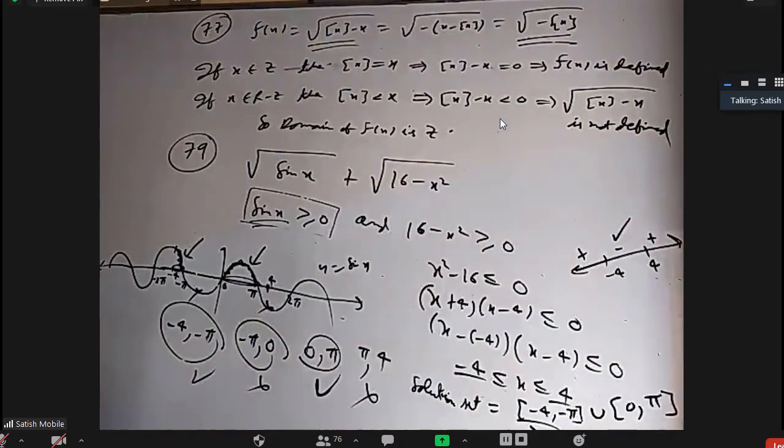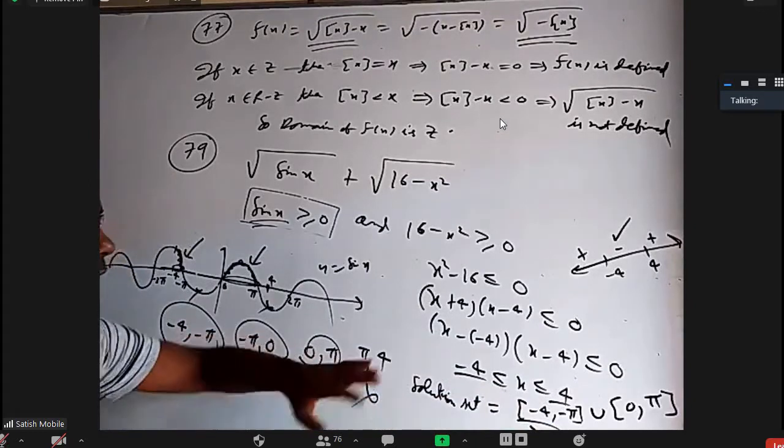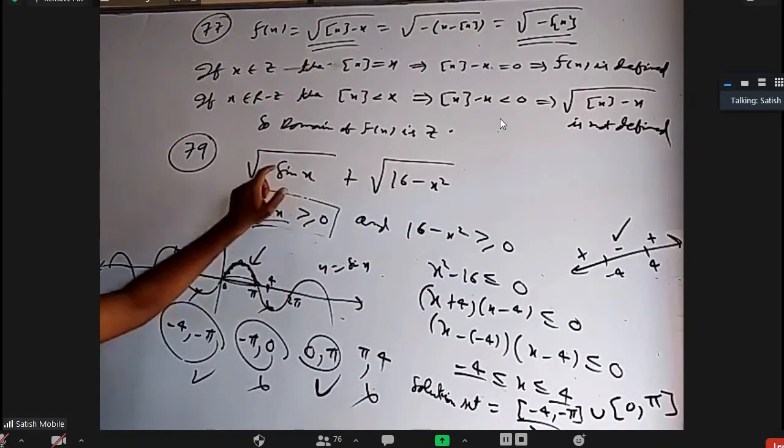Anybody else has doubt about this? Sir, that intersection, sir. Not as such intersection. Within minus 4 to 4, you take any number, is this defined? For that, sin x should be positive.